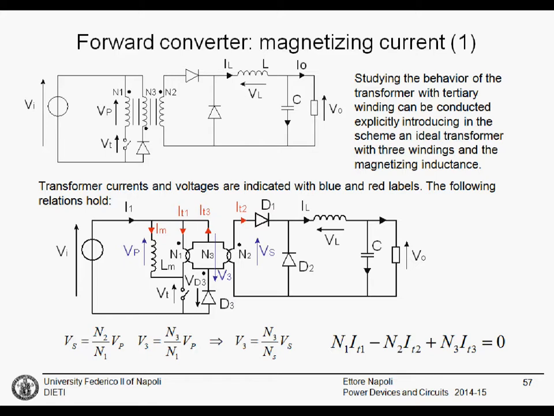We will now focus on the study of the transformer, deriving the equations for the magnetizing current, and also understanding the behavior of the tertiary winding. That is one of the techniques that are possible to reset the flux and the magnetizing current in the transformer.